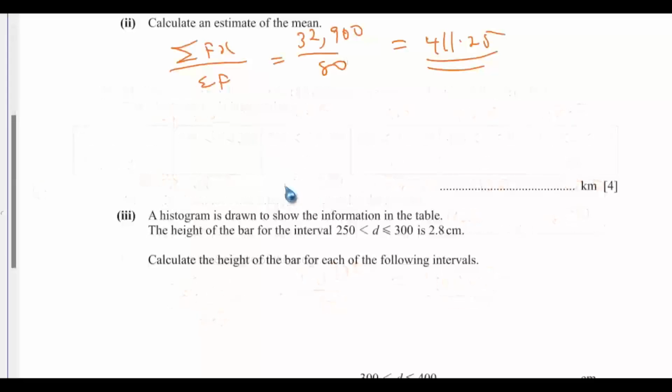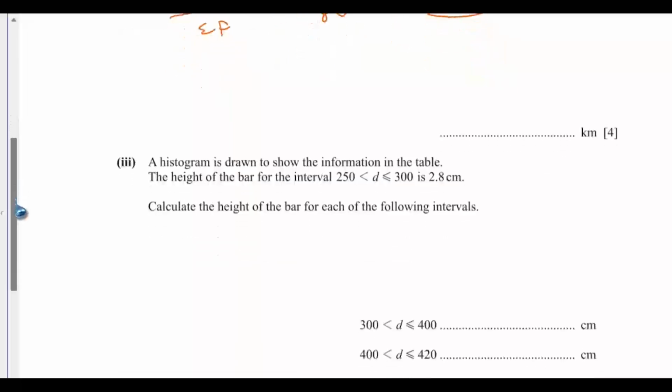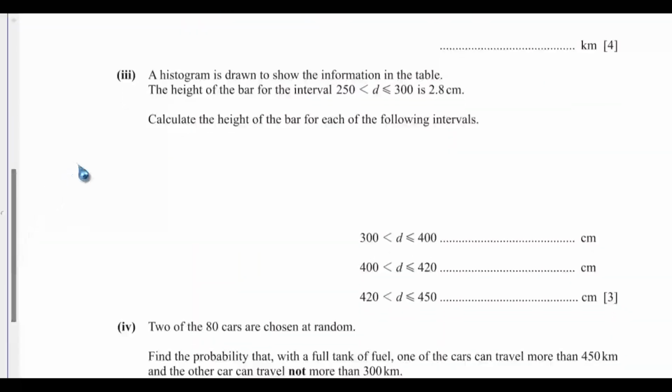Roman figure 3, a histogram is drawn to show the information in the table. The height of the bar for the interval 250 less than d less than or equal to 300 is 2.8 centimeters. Calculate the height of the bar for each of the following intervals. We know that the height is equal to the frequency density.